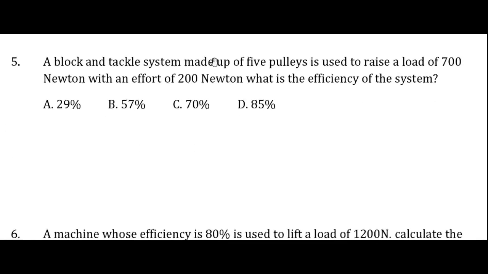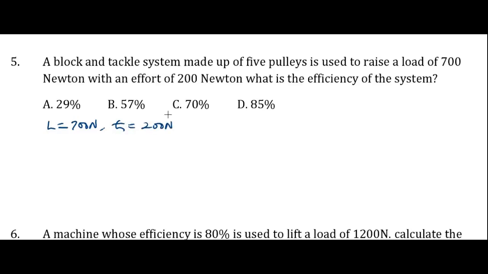Number 5. A block and tackle system made up of 5 pulleys is used to raise a load of 700 Newton with an effort of 200 Newton. What is the efficiency of the system? So first of all, we have load of 700 Newton and we have effort of 200 Newton. So what is the efficiency of this machine?